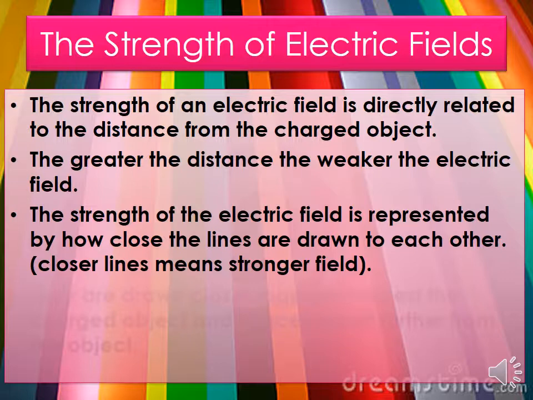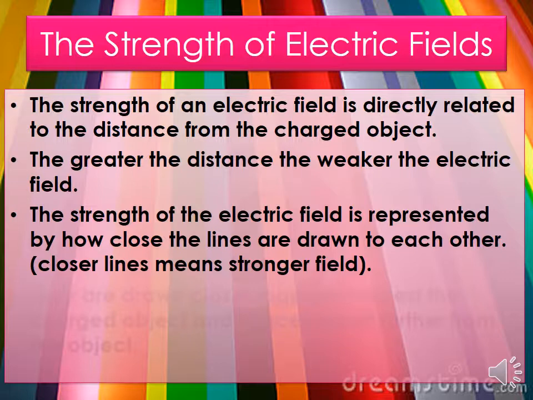You will often notice, and I don't believe I have a picture of this, that when you draw those electric field lines, they will be really close together closest to the center of that particle.